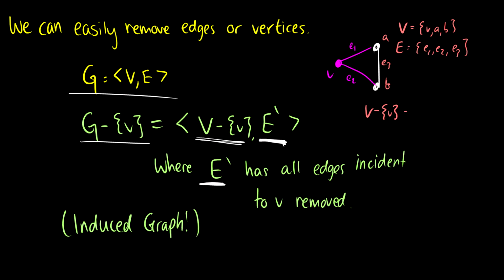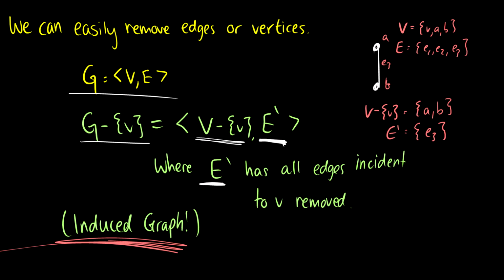Then V minus v is just going to be the vertex set {A, B}. So we subtracted v from it. And then this E prime here is just going to be {E3}, because E1 was touching v and E2 was touching v. So we remove those and we just get left with A touching B through E3. So that is how we write graphs that we induce by removing specific vertices.